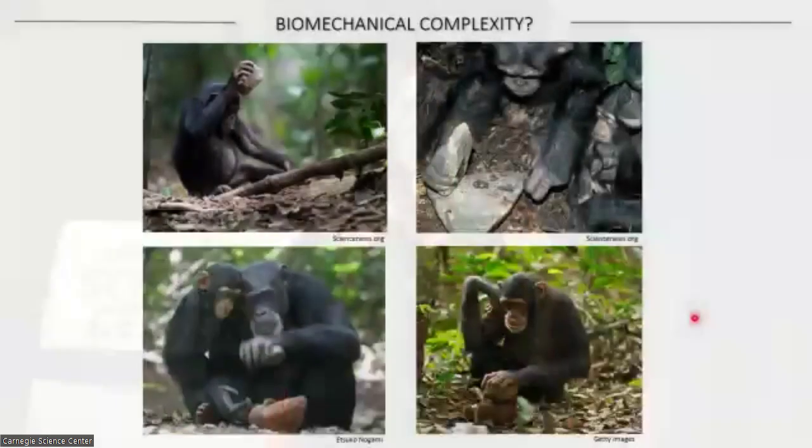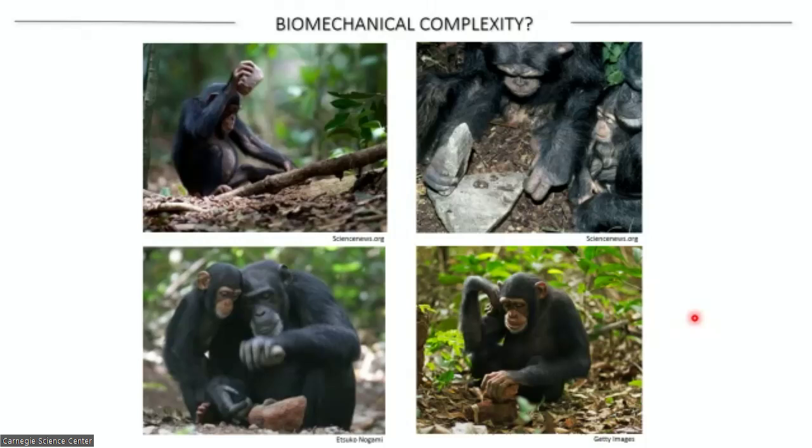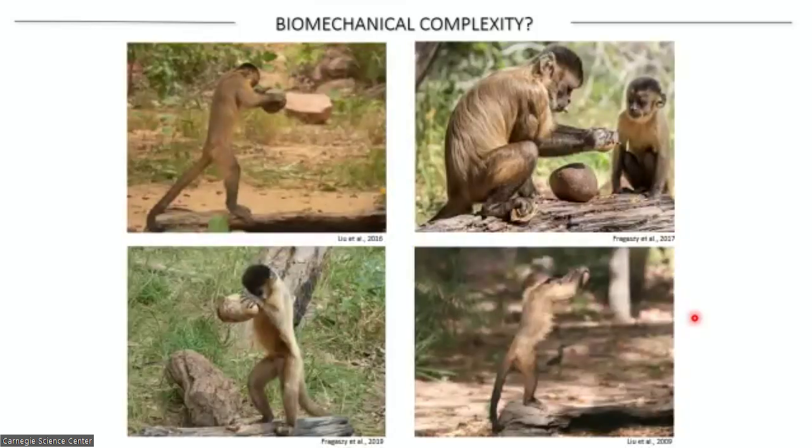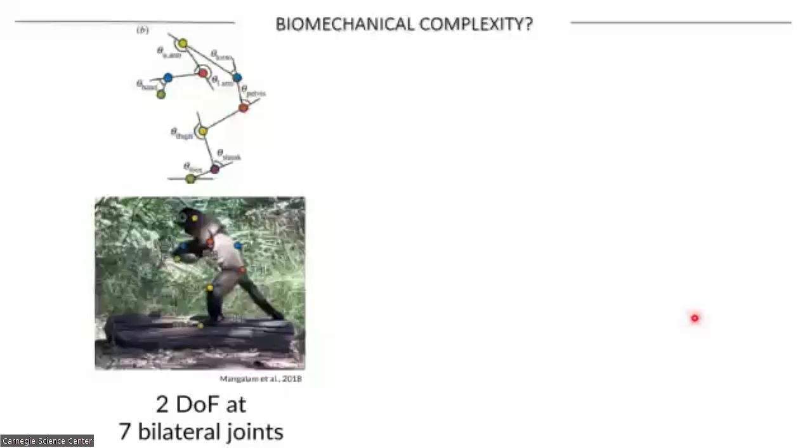So when we think about tool use in other primate species, we probably think about nut cracking in chimpanzees. They are our closest living relatives, and they're widely known to use hard objects to crack open nuts. So they seemed like the obvious comparative choice, but it's the tool use of these little guys, Sapajus libidinosus or capuchin monkeys, that really caught my attention because of the mechanics of it.